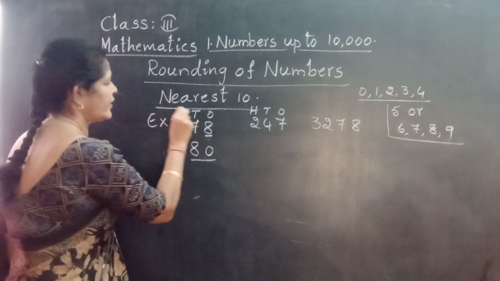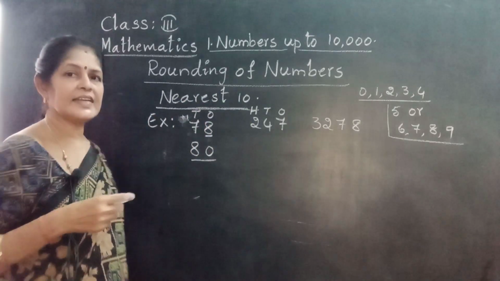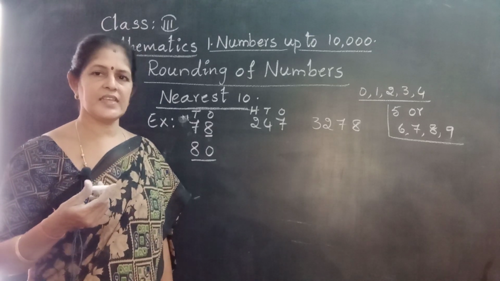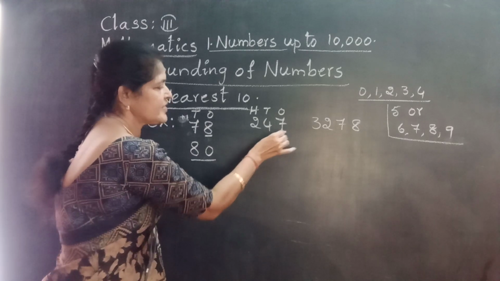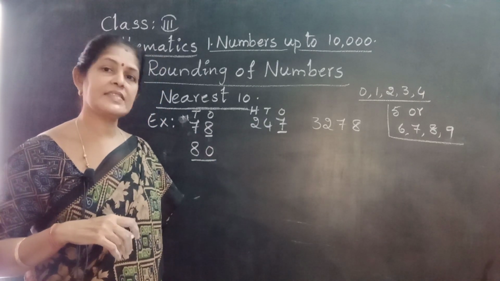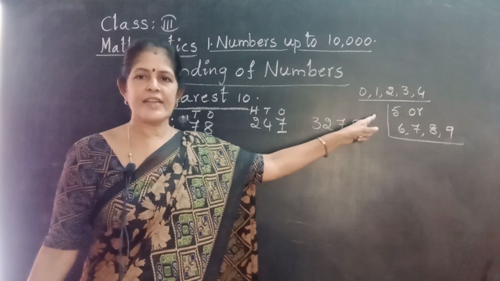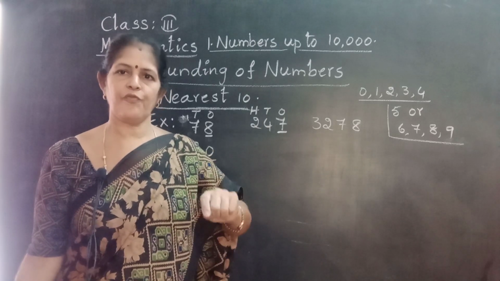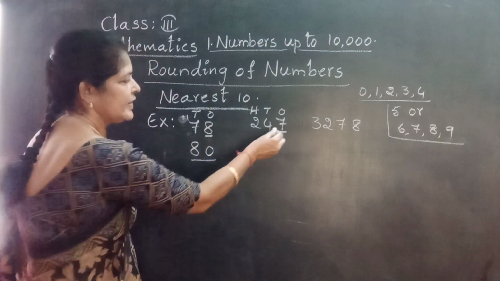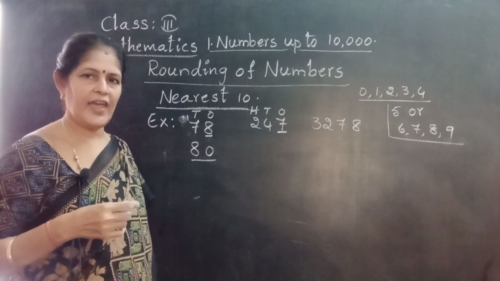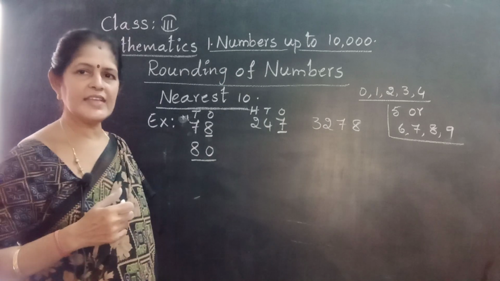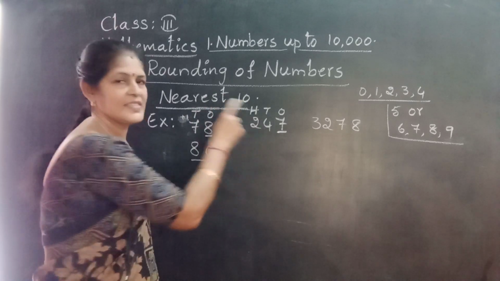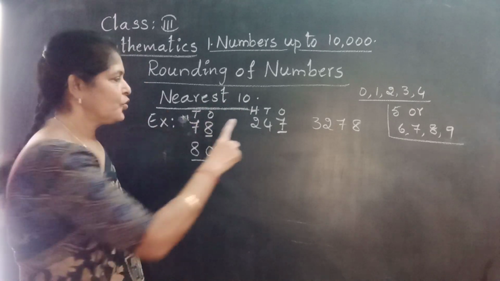Here we are going to round the number to the nearest tens. First check the ones place number. What is the ones place number? 7. Here there are two rules: the ones place number is less than 5, or 5 or more. The ones place number is 7. 7 is more than 5. Then we add 1 to the tens place number.